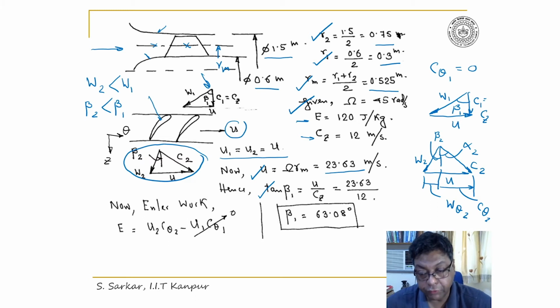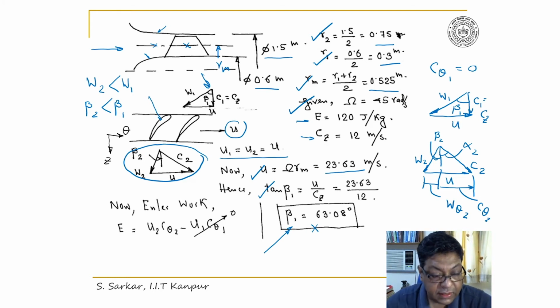The value of U is 23.63 and the value of Cz is given as 12 meters per second. Therefore, when I calculate, beta 1 is equal to 63.08 degree.